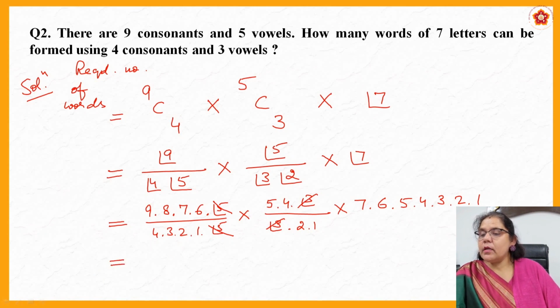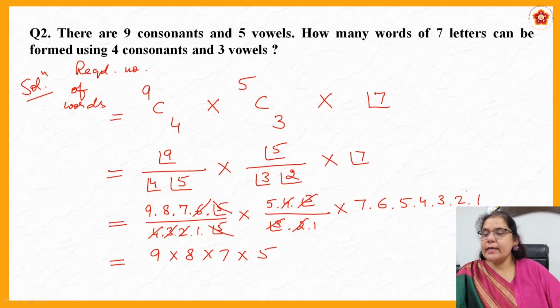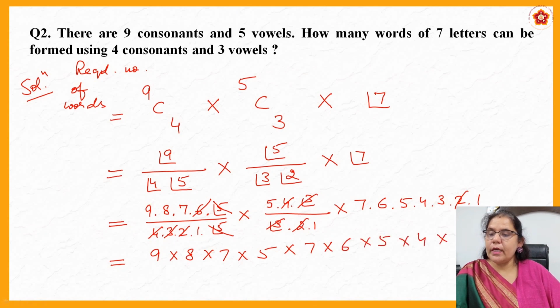For example, 4 here gets cancelled with 4 here. We have 3 into 2 is 6. 3 2s are 6 gets cancelled here. I am left with 9 into 8 into 7 into 5, and this 2 can also get cancelled here. Then again 7 into 6 into 5 into 4 into 3.